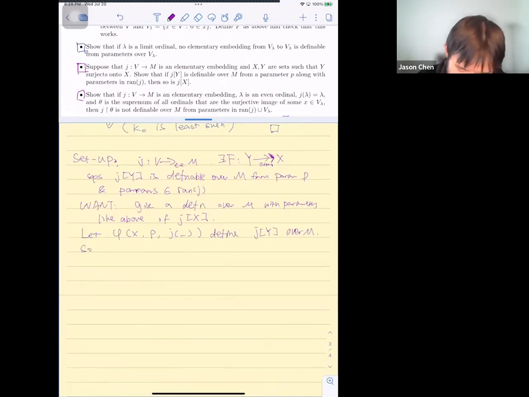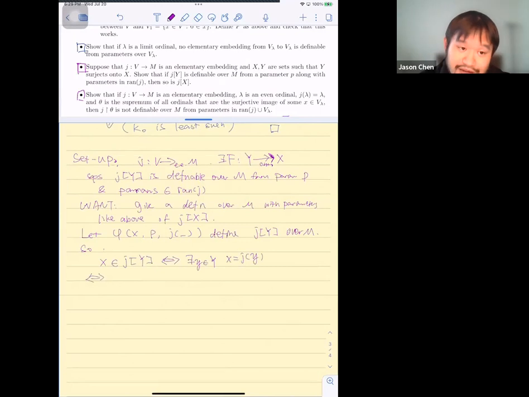So let's see what it means for something to be in M. It means, well, X is in J image of Y if and only if there exists some little y in Y such that X is in J of little y. This is the definition.